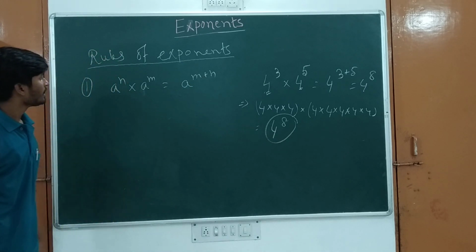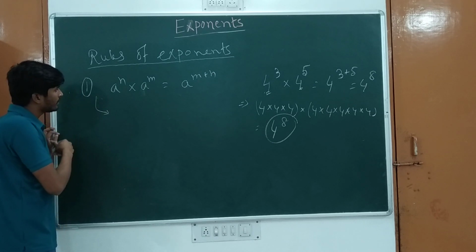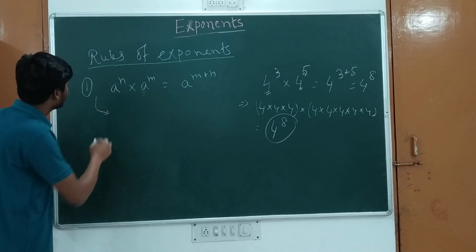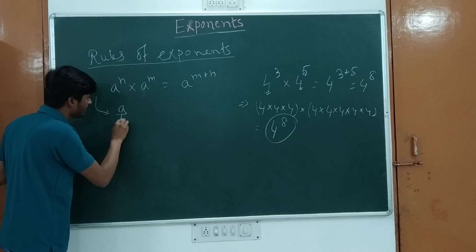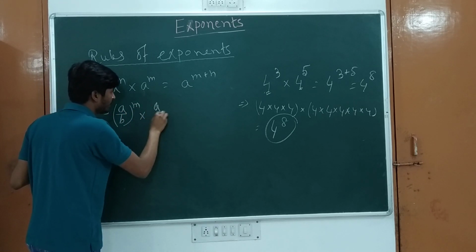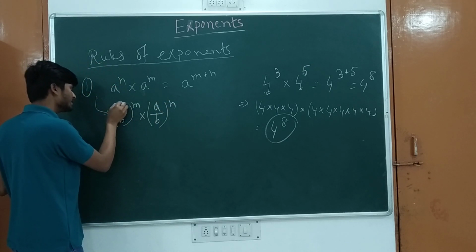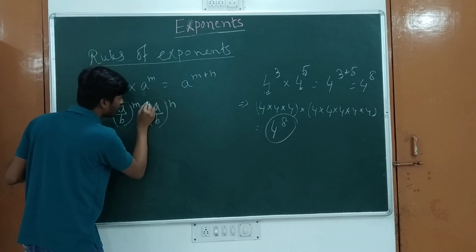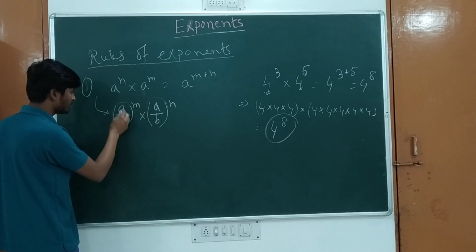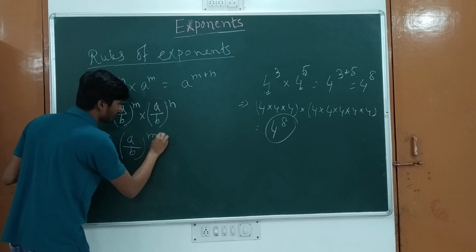Now similarly, if we take it in the form of a fraction, a by b whole to the power m into a by b whole to the power n, this will be a by b whole to the power m plus n.